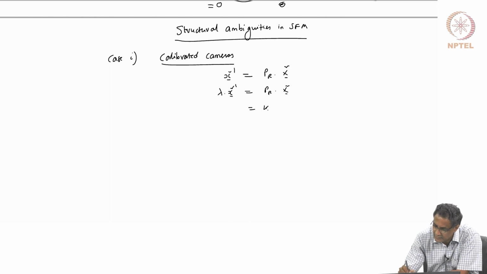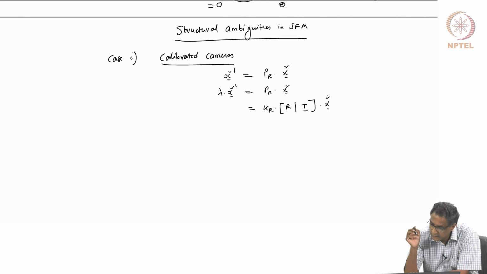Now, given that this is a calibrated situation, we know that we can write the decomposed PR as KR into RT into X tilde. So we can take KR to the other side, and that gives you KR inverse X tilde dash is equal to RT X tilde.